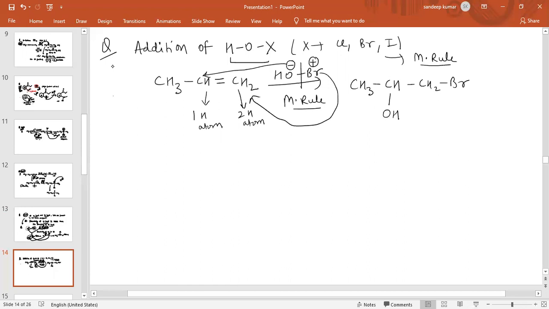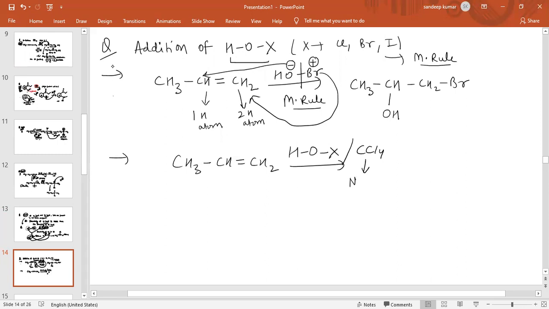Now, the next step: if the reaction is given like this, if we add HOCl to the same compound, I am taking it general, the addition of HOX in presence of CCl4. What is CCl4?